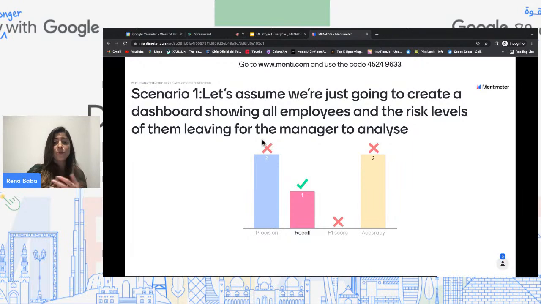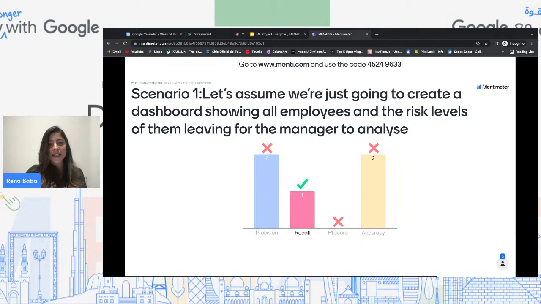So when you prioritize precision, you're really trying to say, okay, I want the model to give me the right information. I want to take this information and immediately take action. With recall, it's almost like you're telling the model, I need as much information as possible. Because remember, with recall, the model will likely spot all of these people who are likely to leave. But some people might not leave, so it might make that mistake.